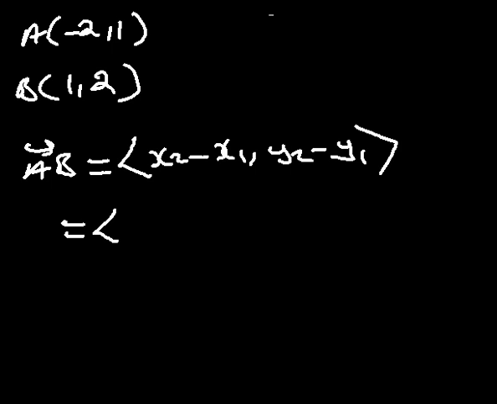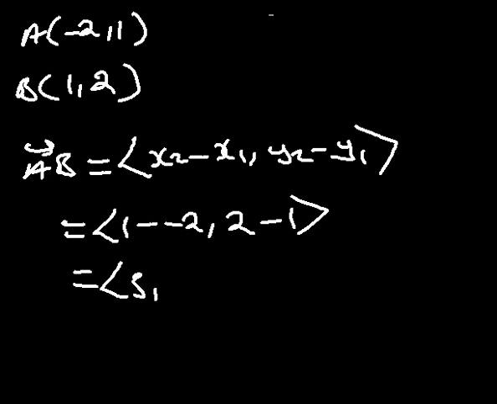So we have 1 minus (-2), comma, 2 minus 1, which gives 3, comma, 1.